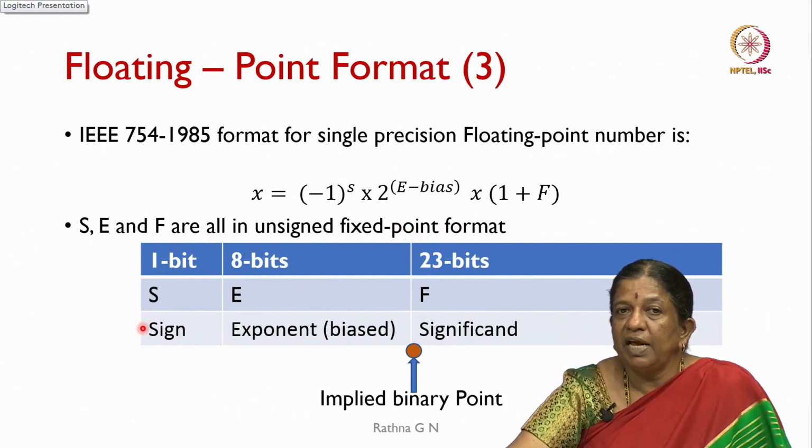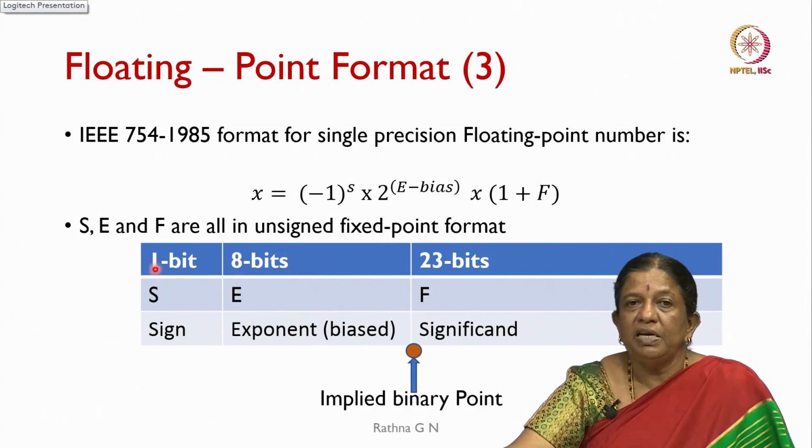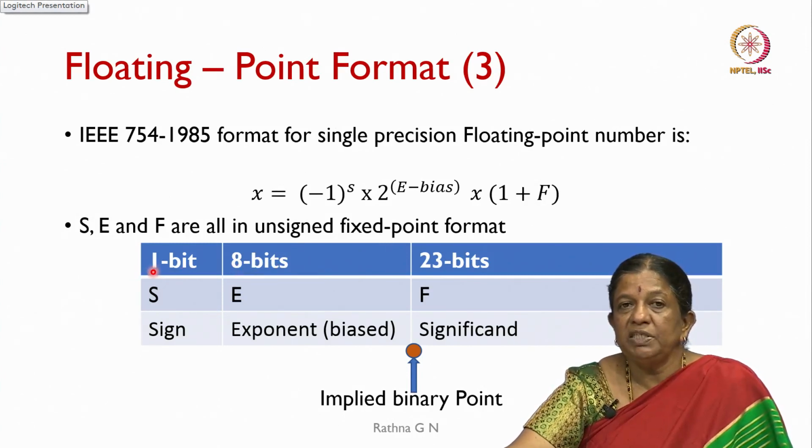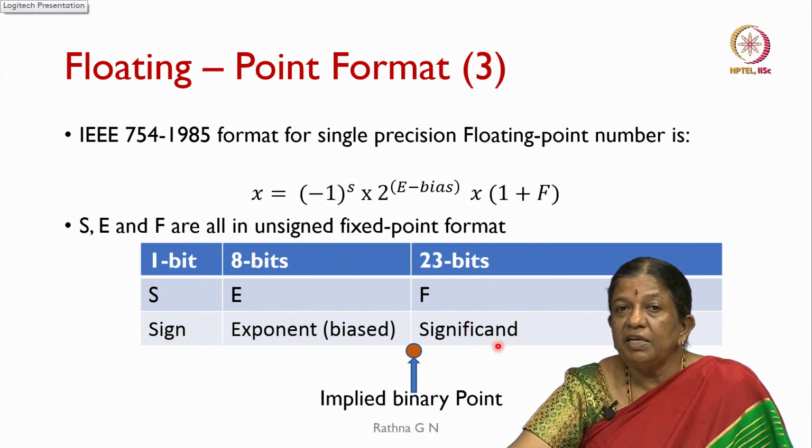S represents the sign bit, E represents the biased exponent, and F is the significand. This is the implied binary point; we will not allocate any bits to the binary point. The significand is represented with 23 bits, the exponent with 8 bits and the sign with 1 bit. If it is 0, the number is positive, and if it is 1, negative.